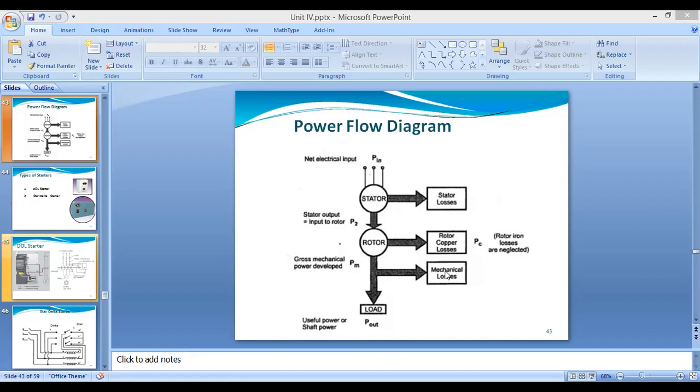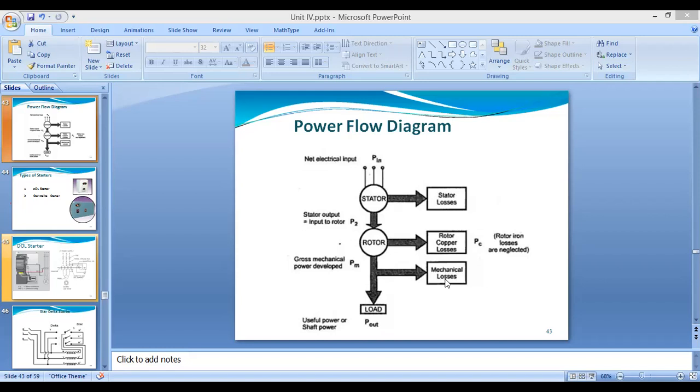We take this as the net output power at the shaft: P out equal to PM minus PML.